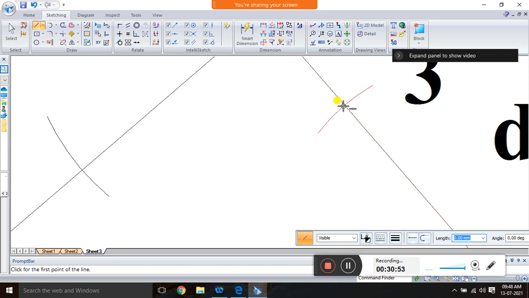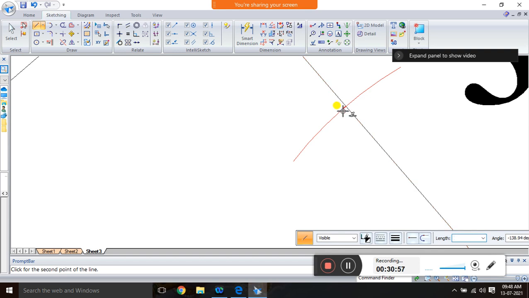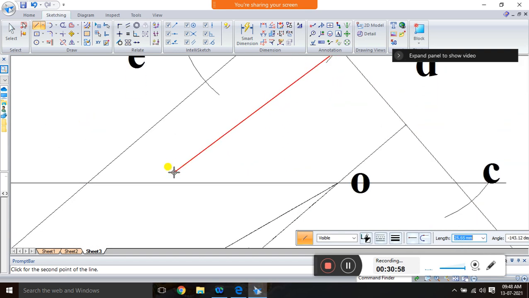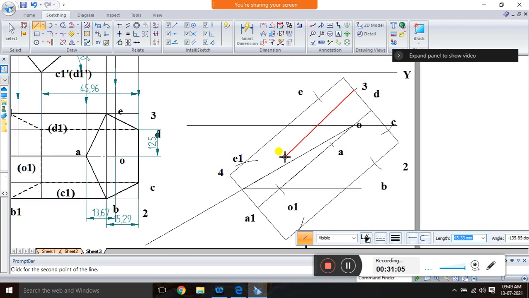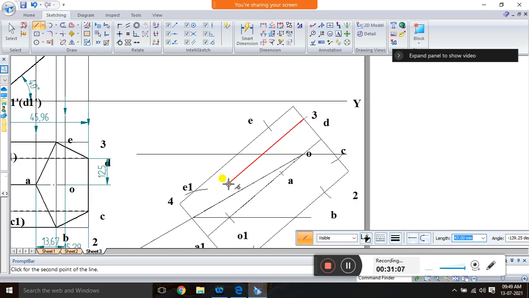You have to place it. Okay, and draw a parallel line of distance, how much? 45.96. Okay, and it should be parallel to these lines.